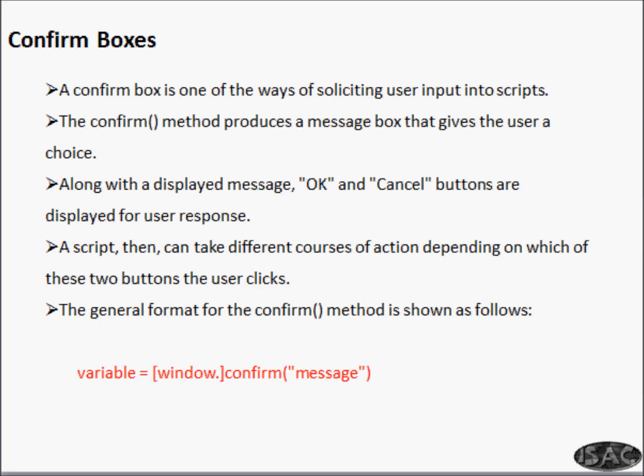Along with a display message, OK and Cancel buttons are displayed for user response. Once they say OK, a true value will be returned. If you say cancel, a false value will be returned. So the script can then take different courses of action depending on which of the two buttons the user clicks.